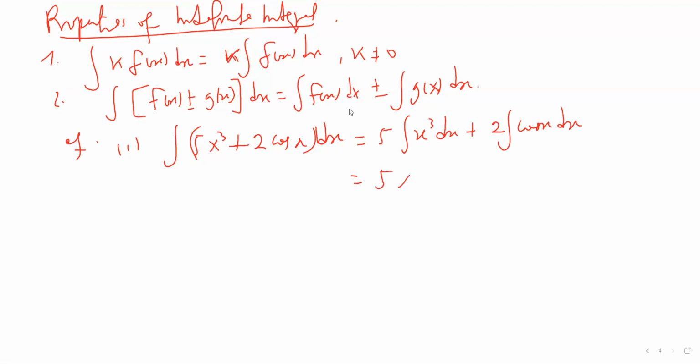Here we have x to the power 3 plus 1 over 3 plus 1, plus 2 times the integral of cos, which we said was sine x plus c, and this you can write as 5/4 x to the power 4 plus 2 sine x plus c.